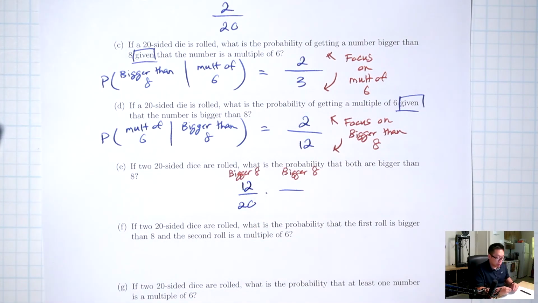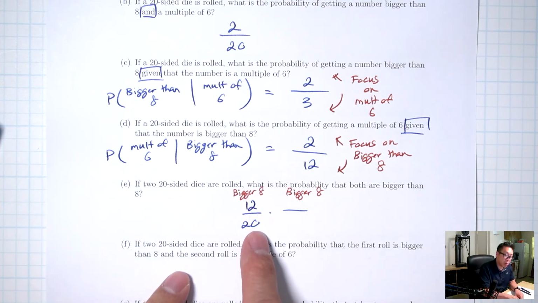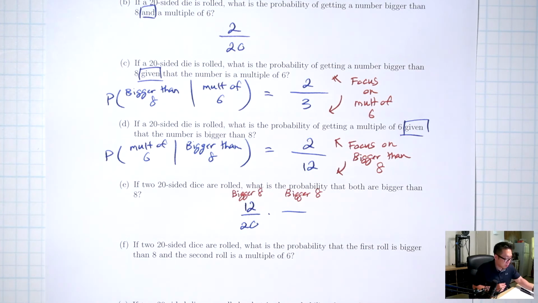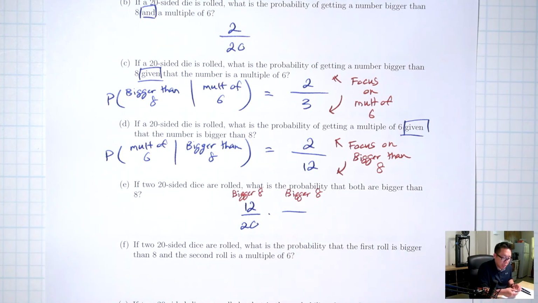For the second fraction, this is where dice differ from the people and the table example. When we're picking people, when I pick the first person, I'm not picking that same person again for the second slot, and that's why we have to reduce by 1. For dice, though, the second time I roll a dice, I can still get all 20 numbers again, any of the 20 numbers. So when you roll dice multiple times, you don't reduce.